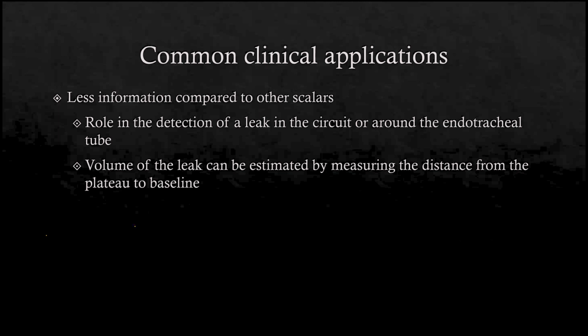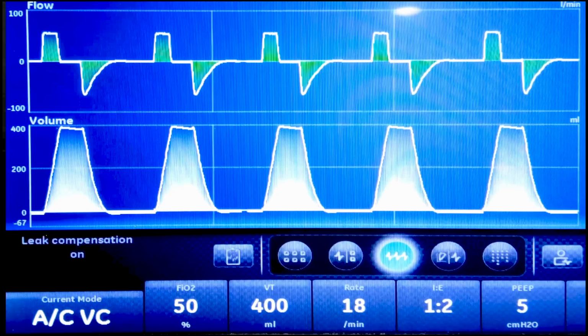So the volume of leak can also be determined by looking at the distance from the plateau to baseline. In addition to looking at the numbers, which is the difference between the inspiratory and expiratory limb, we also have a good idea of the extent of the leak by looking at the distance from the baseline and the plateau.